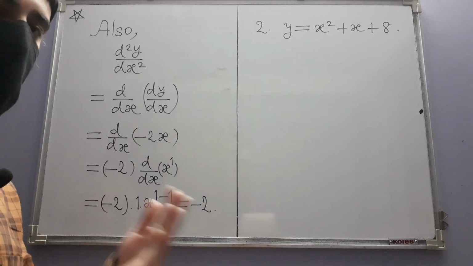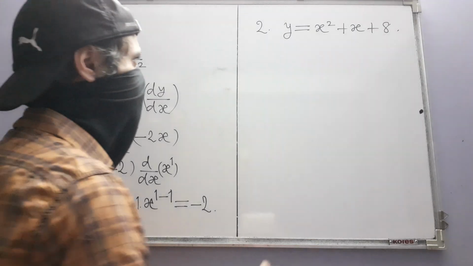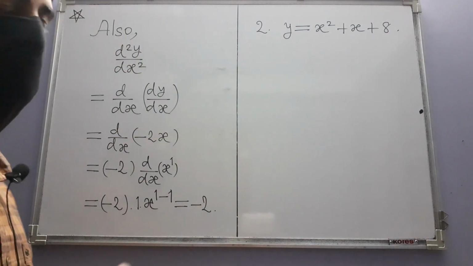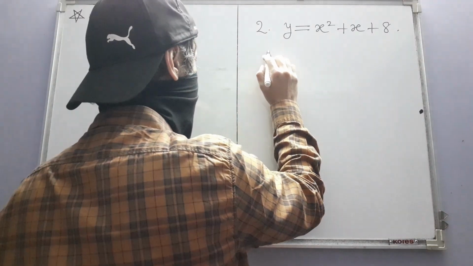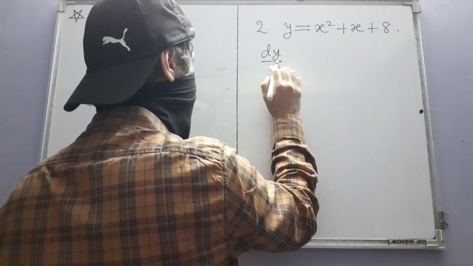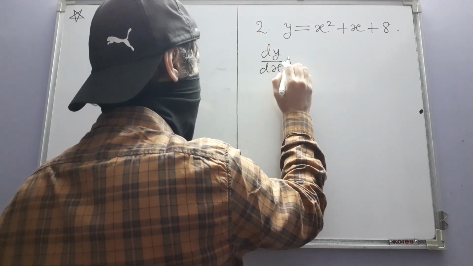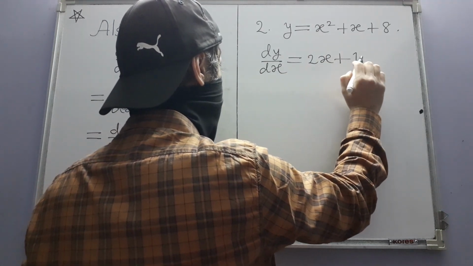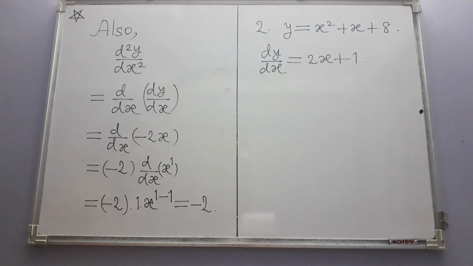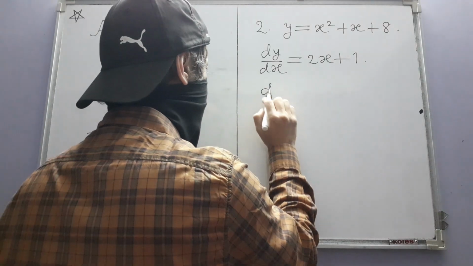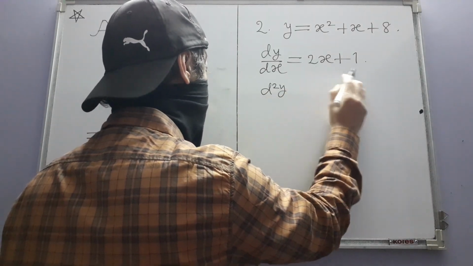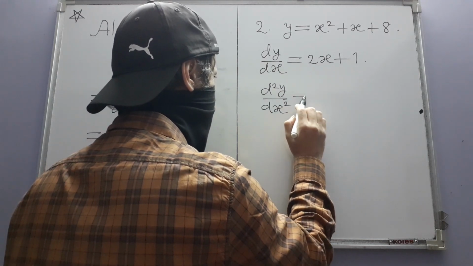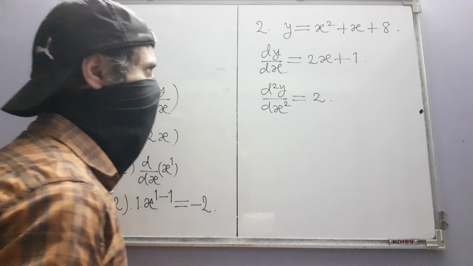Polynomial functions are always differentiable. For this I won't write all the steps, I will simply write what the answer will be. I leave those details to you. This will be the first derivative, and the second derivative will be obtained by differentiating this again once more, and it will be 2.